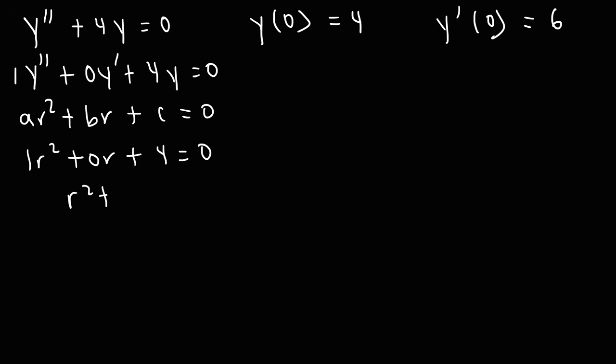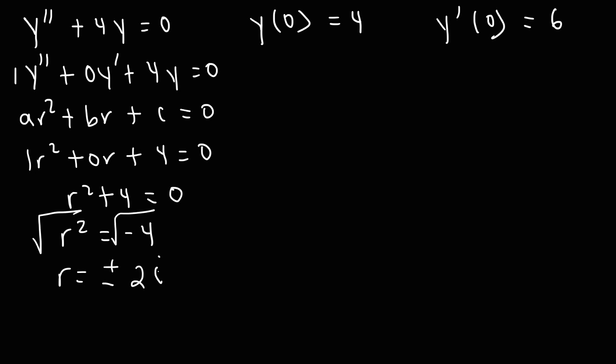So we have r squared plus 4 is equal to 0. Subtracting both sides by 4, that gives us r squared is equal to -4. Next, we need to take the square root of both sides. Now we know that the square root of 4 is plus or minus 2. So the square root of -4 is plus or minus 2i.